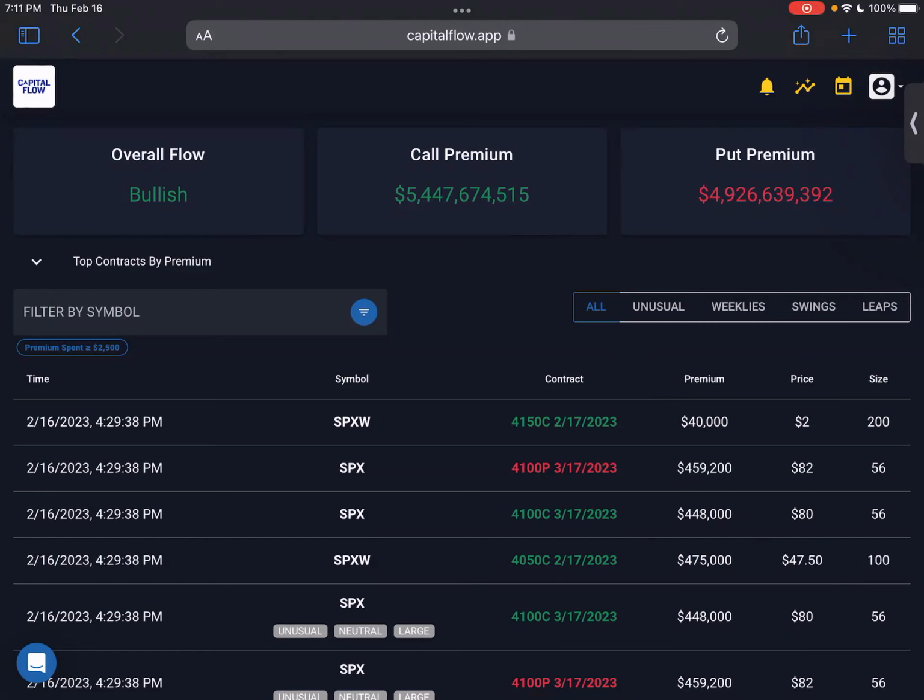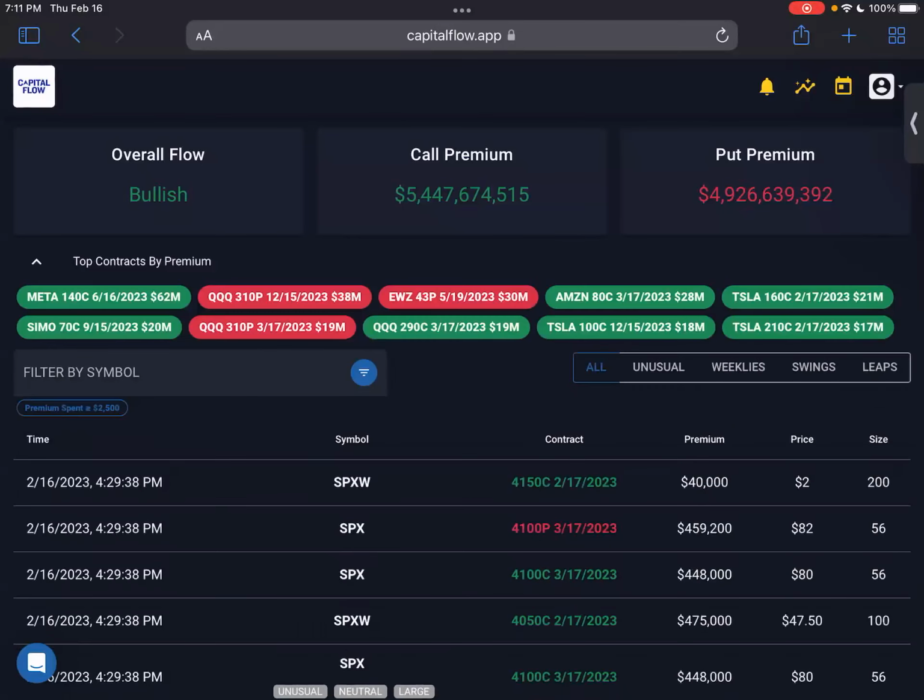And then you can get into a little bit more detail, because right below that overall flow bullish button, all the way on the left, we have top contracts by premium, and it gives you a drop down. So the top contracts by premium just tells you exactly what some of these top bought contracts are. So you can see exactly where some of that money from the overall flow is going, right?